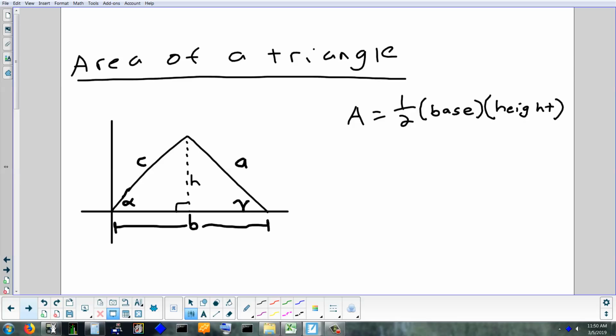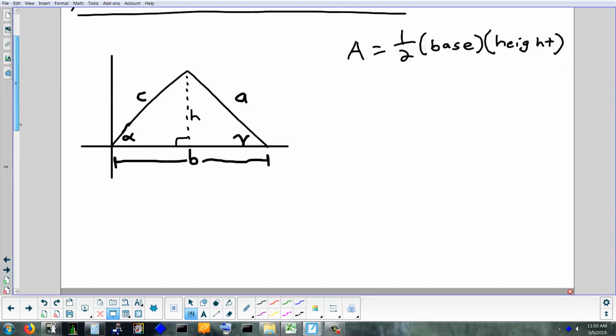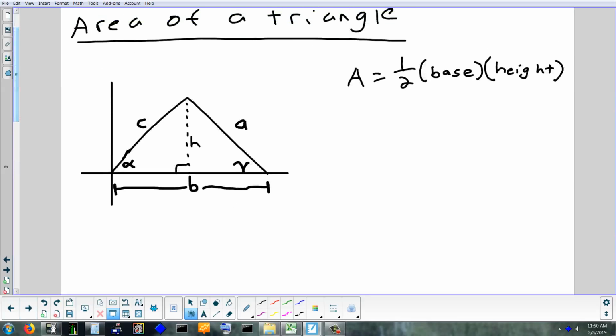And then 2 of the sides, A and C. Right, so what I want to do is come up with a formula if I didn't know one of those two things. Let's do it for the height. So let's say you didn't know that.